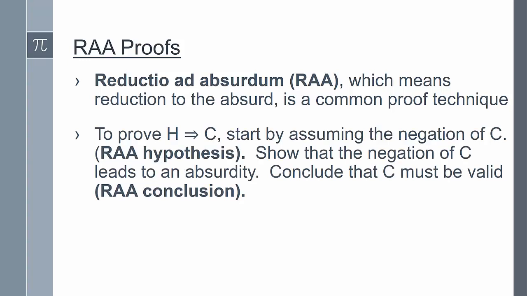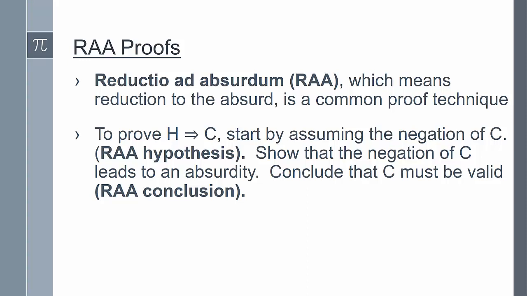So we start with a theorem of the form H implies C, and we're going to start by assuming the negation of C. This contrary assumption is called the RAA hypothesis. So we're distinguishing that from just the hypothesis H. We're going to make this temporary assumption that C is not valid.